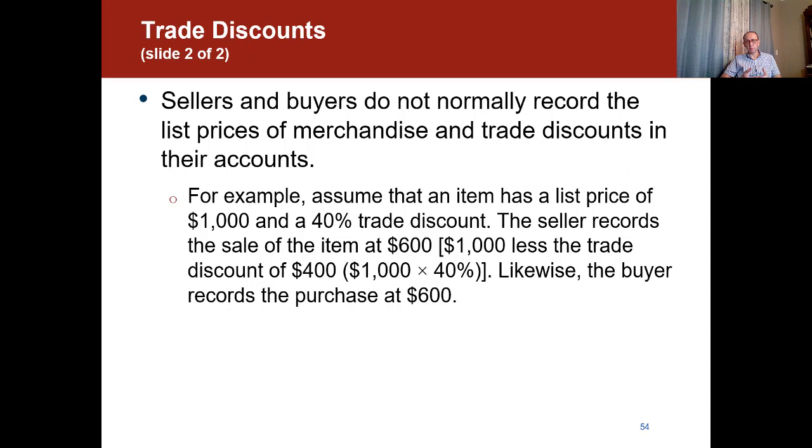Likewise, the buyer would record the purchase at $600. To simplify this, in accounting, trade discounts are not really a concern to us, because what we care about is how much cash was paid or collected. We don't really care too much about the original listed price.